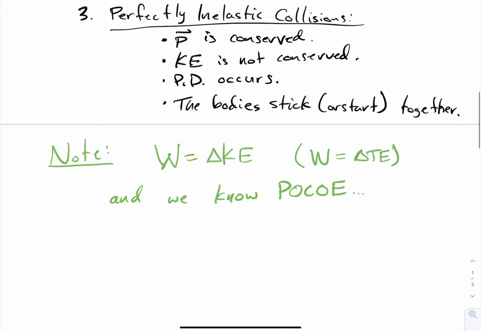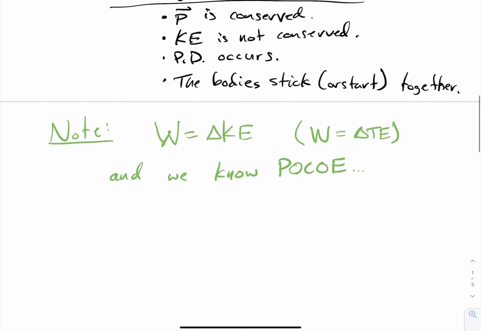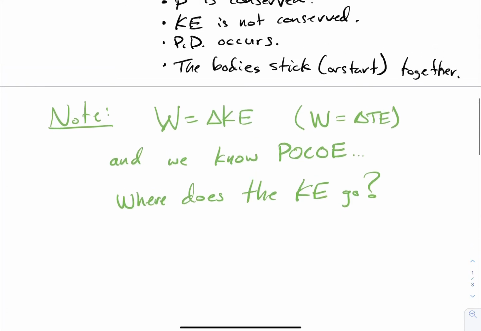And so if you were to read these definitions and we say kinetic energy is not conserved, then you might be wondering, where does the KE go? And so the answer is that it goes into this permanent deformation that happens to the bodies.